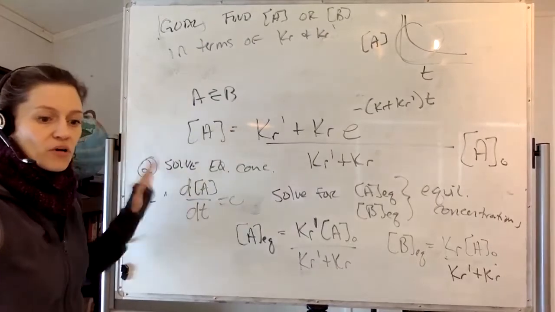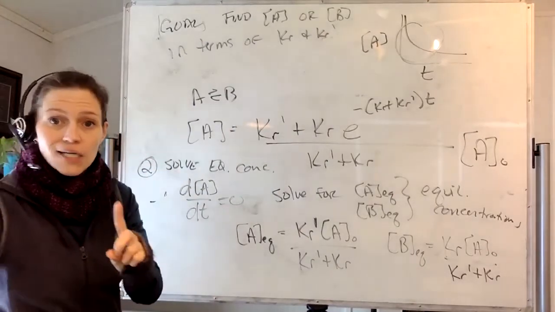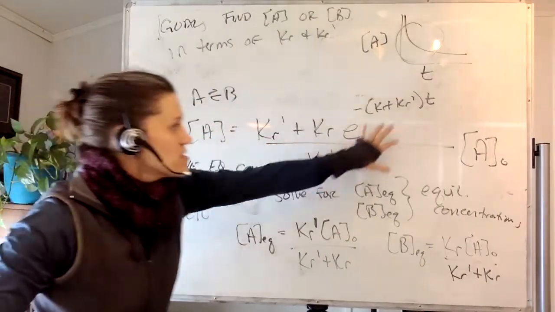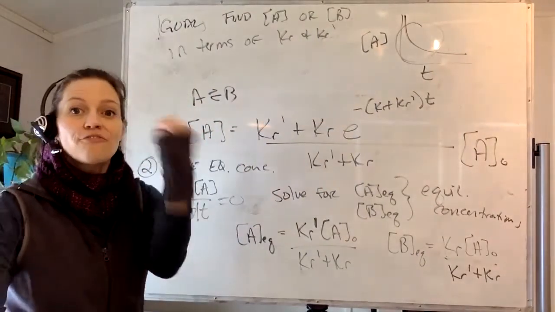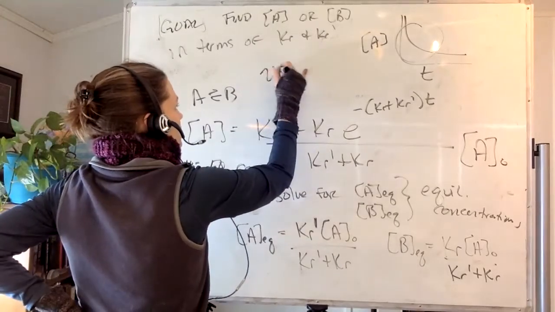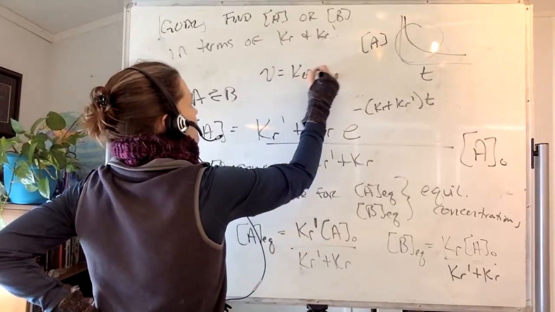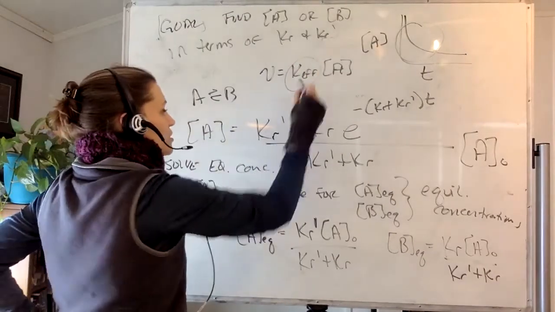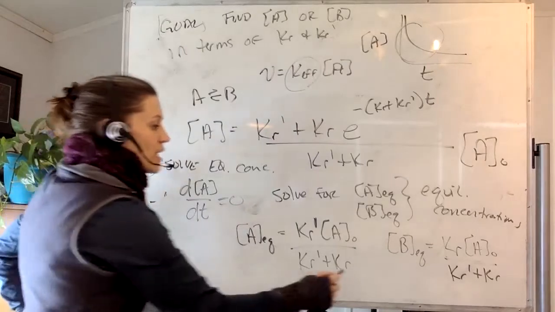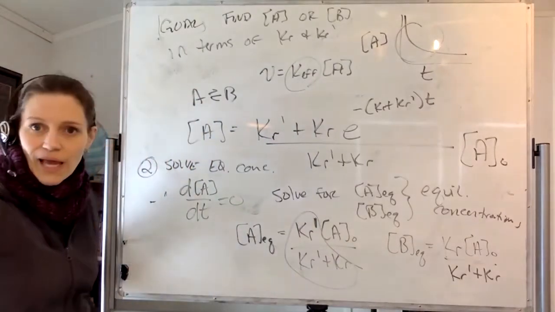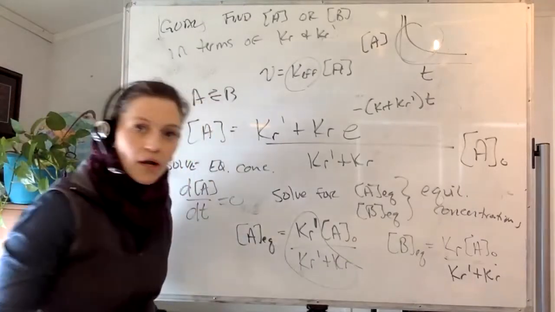All right, we want to find those expressions because when you have coupled reactions, this can simplify into the effective rate constant, where rate is equal to K effective times the concentration of A, and this K effective can then be broken down into Kr prime and Kr, or Kr and Kr prime.